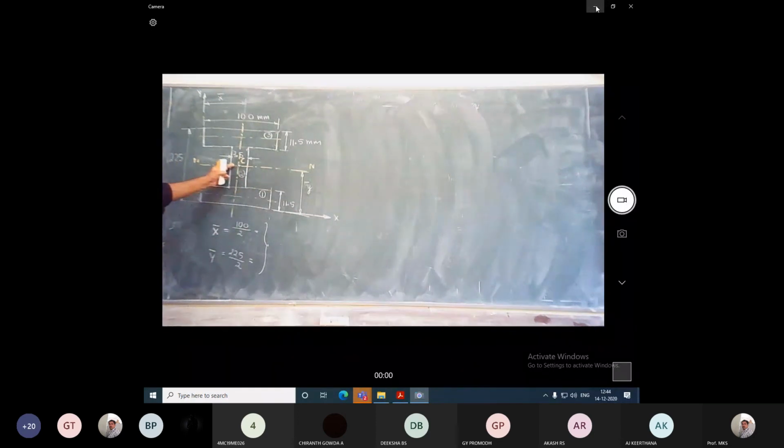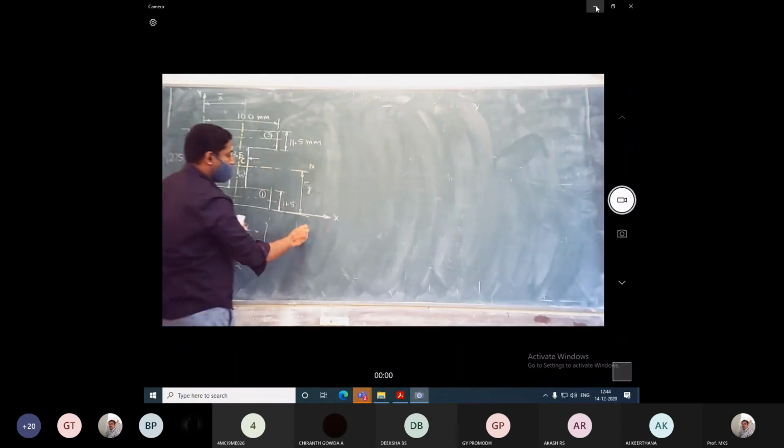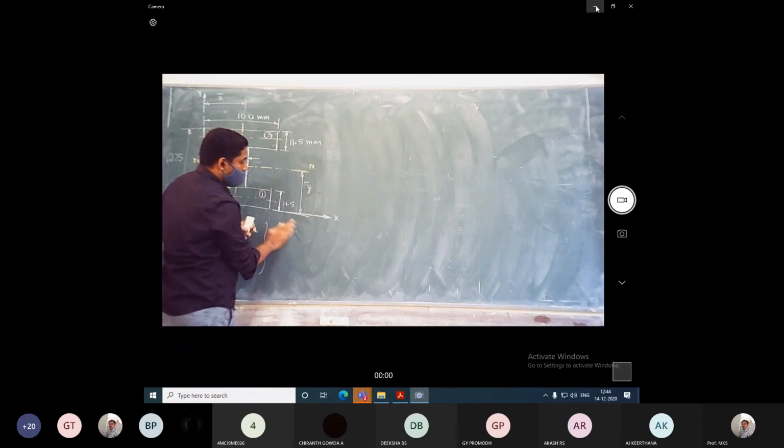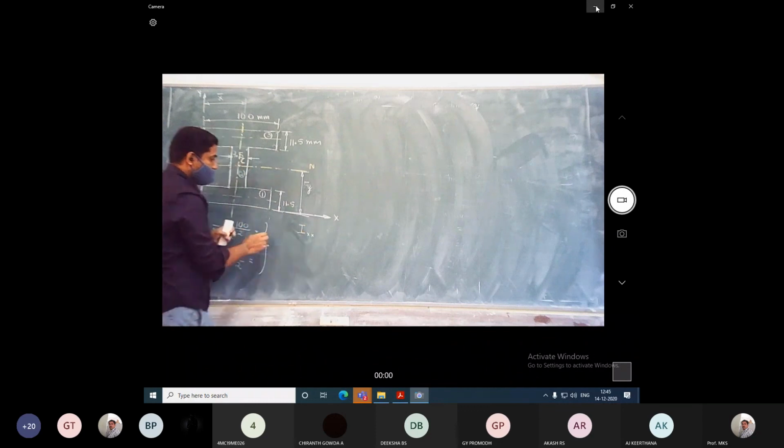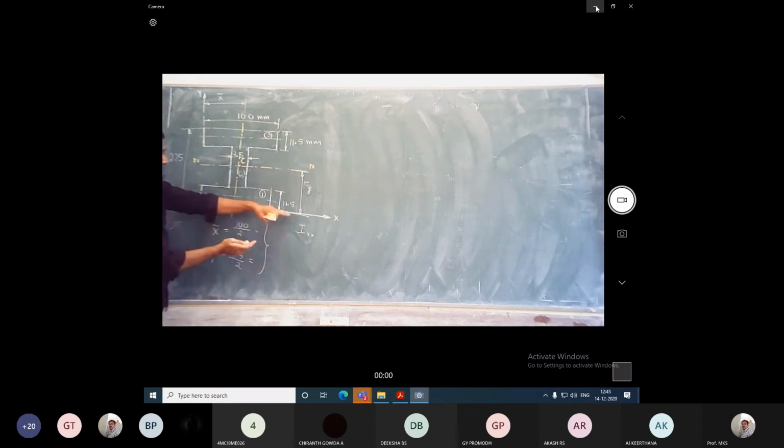So how to find the moment of inertia next? This is with respect to the x-axis, so we call it Ixx. With respect to this x reference, the moment of inertia of this I section will be equal to the moment of inertia of the bottom flange, plus that of the central web, plus that of the top flange.